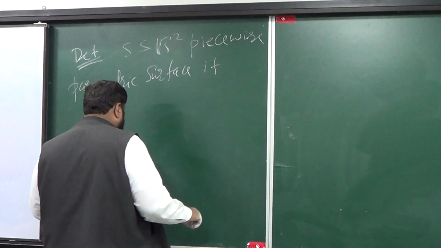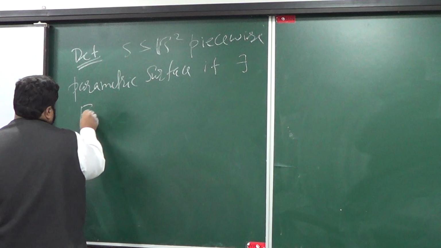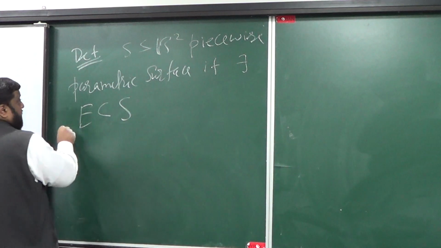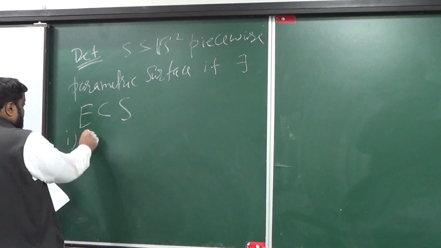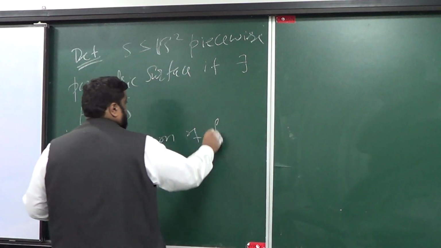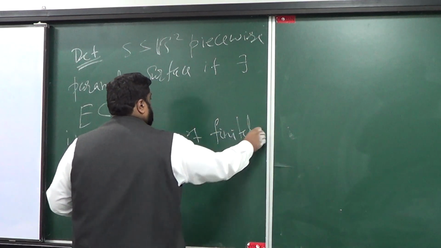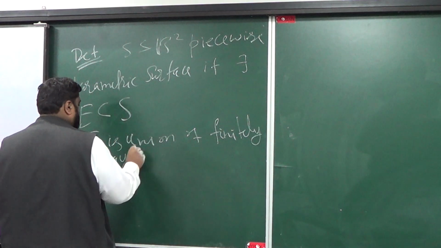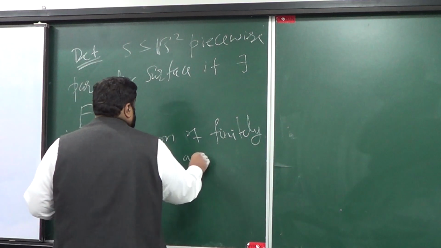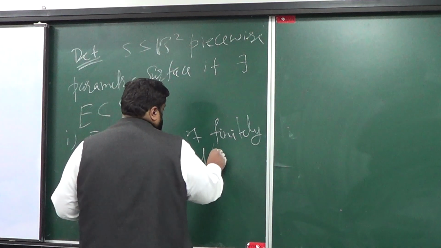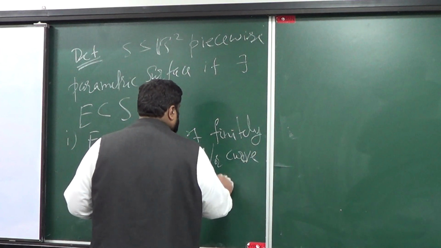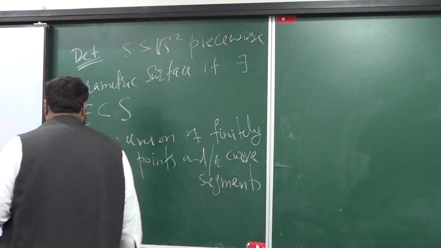If there exists one subset or maybe more than one subset E of S such that E is a union of finitely many points and our curve segments.